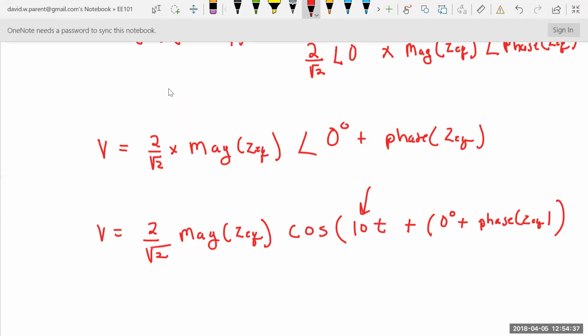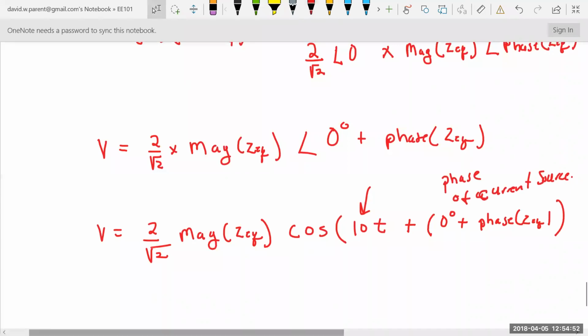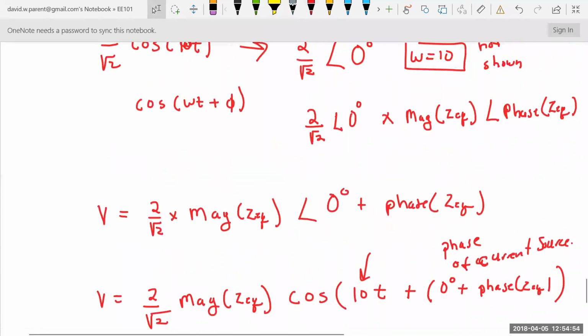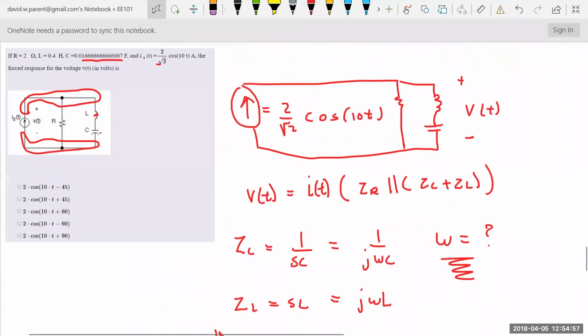I put 0 degrees here, but it's really the phase of the current source. It doesn't have to be 0, right? It might be something else. So at that point, the magnitudes are all 2, the omegas are all 10, and the difference is really all in making sure you kept track of the phase properly.